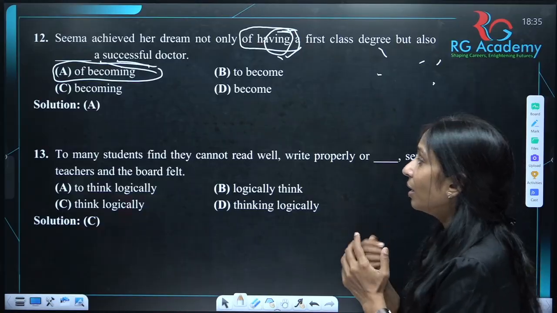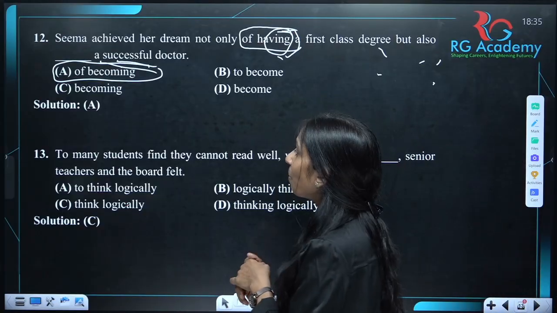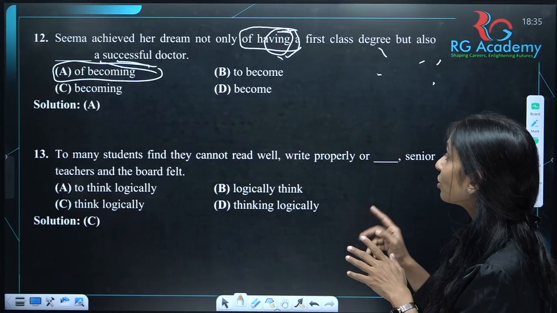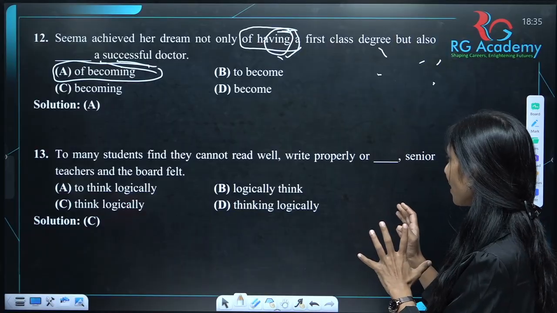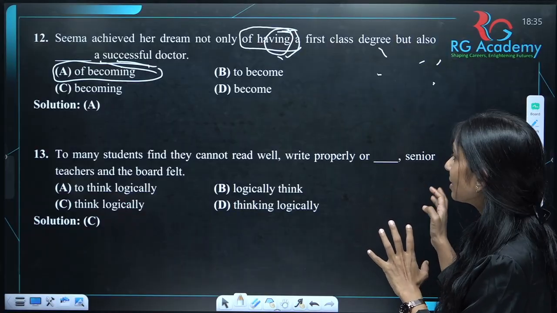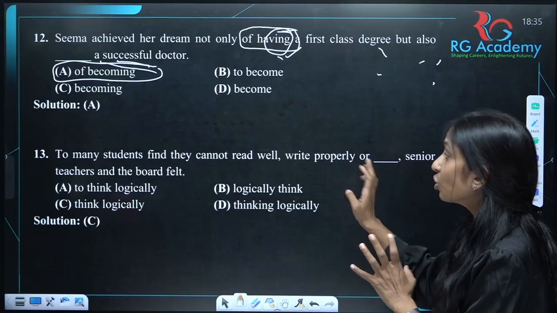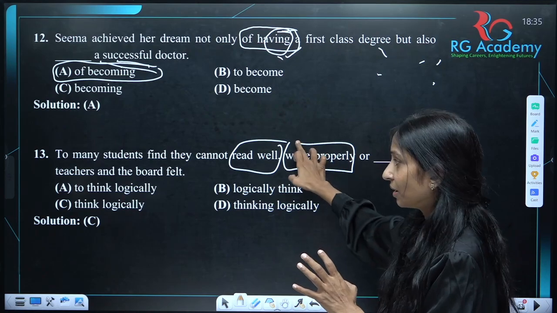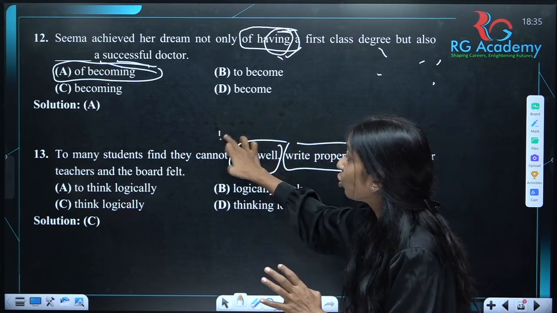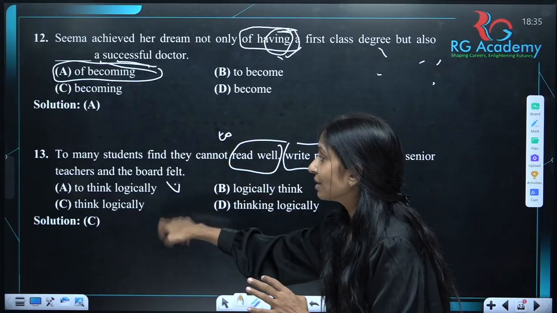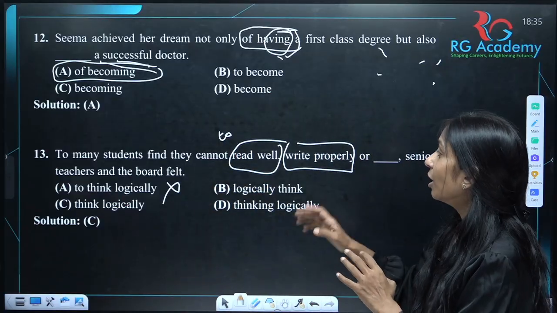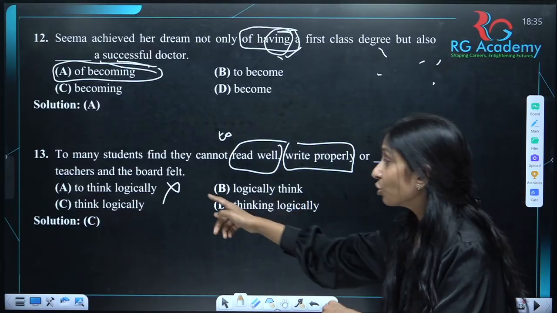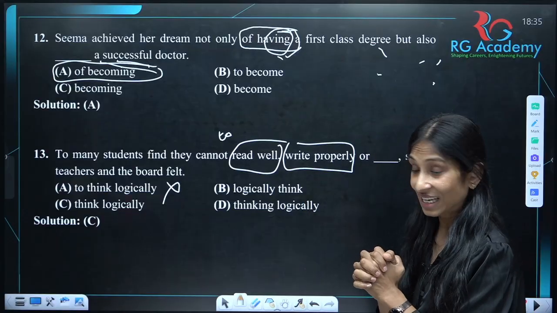Okay. Now, let us see the next question, children. Too many students find they cannot read well, write well properly, or dash, right? So now, read well, write well properly. Now, is there a to here? No. So this is ruled out. To read well, to write well, if that had been there, we could have taken this answer, right?